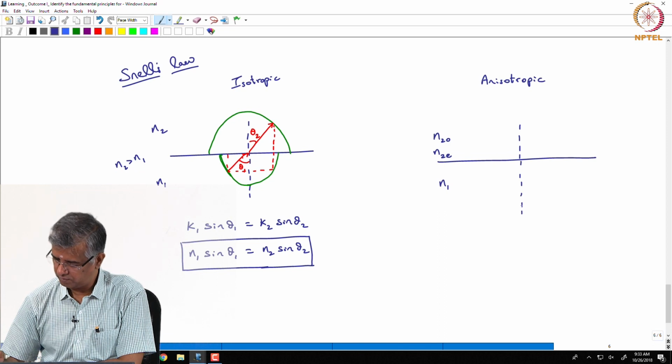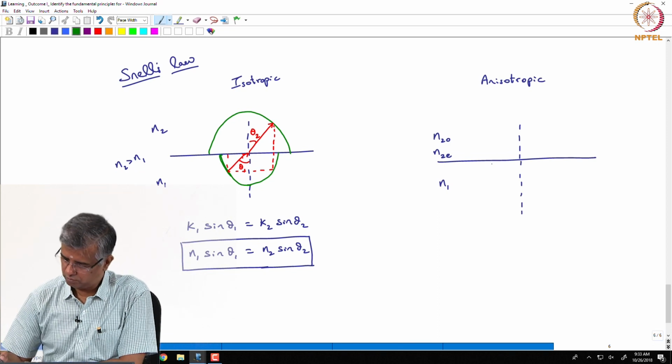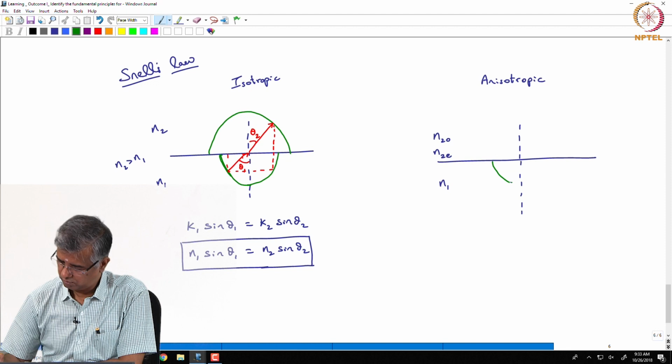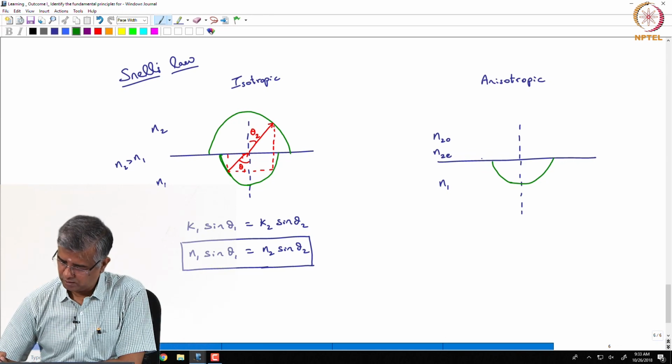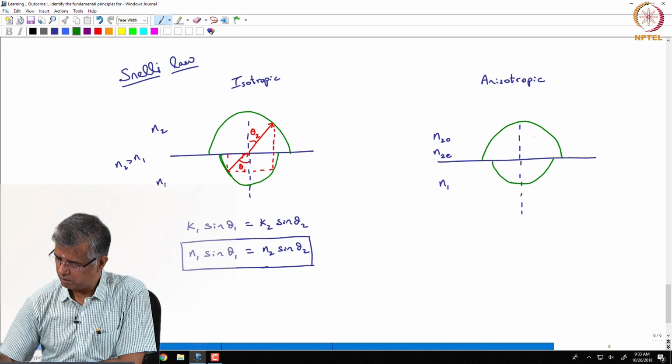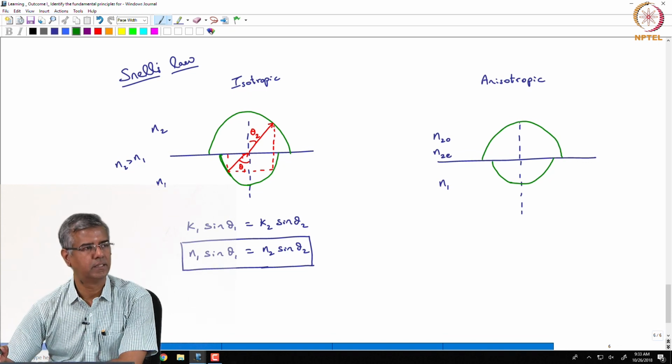Okay. So, if you draw the phase fronts once again, this is for the first medium, and then this is for the second medium along one direction.